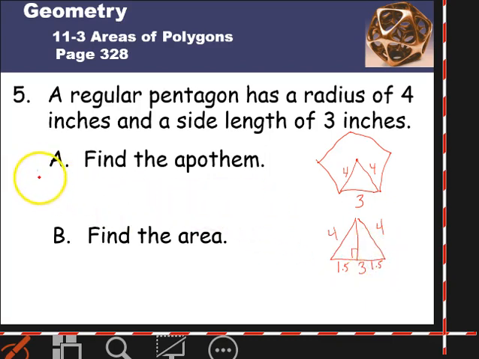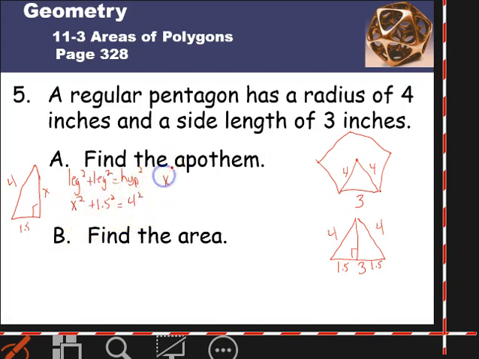So when I look at this little tiny triangle here, the half of one of the triangles, this is 4, and this is 1.5. I'm looking for this. I can do the Pythagorean theorem to find the height. So remember, leg squared plus leg squared equals the hypotenuse squared. So the legs are x squared and 1.5 squared, and that equals a hypotenuse squared, which is 4 squared.